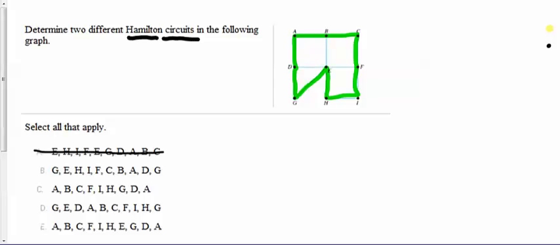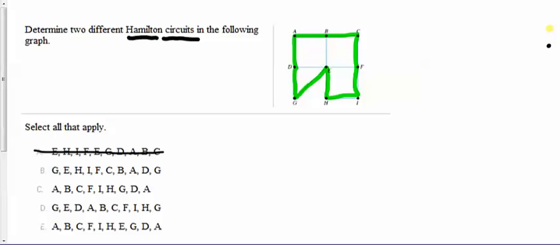And if you recall, we began at G, we visited every vertex exactly one time, and our ending vertex was G. So that is a Hamilton circuit. So that is one of the correct answers, B.